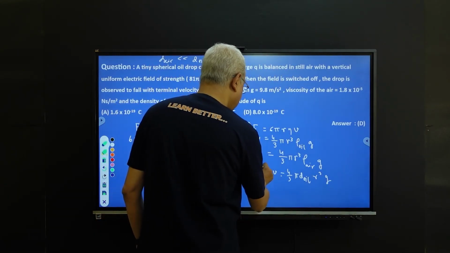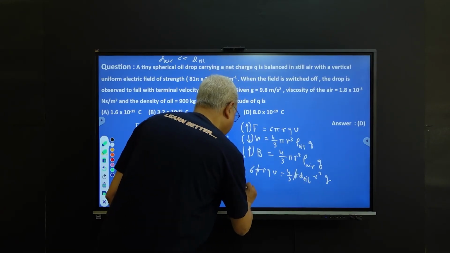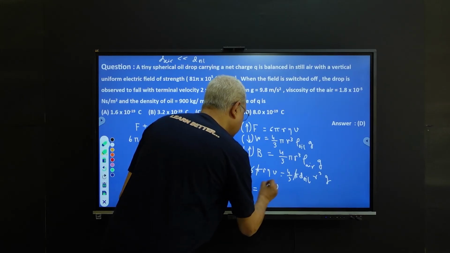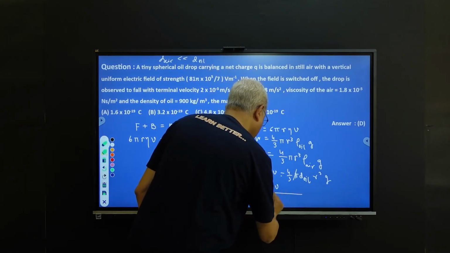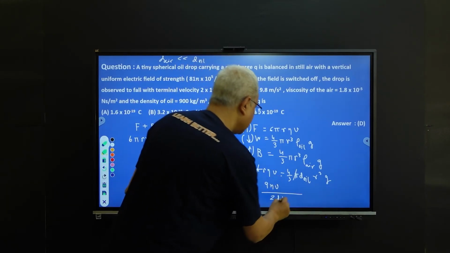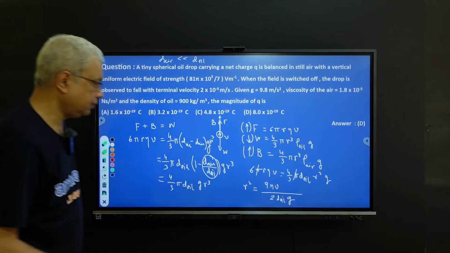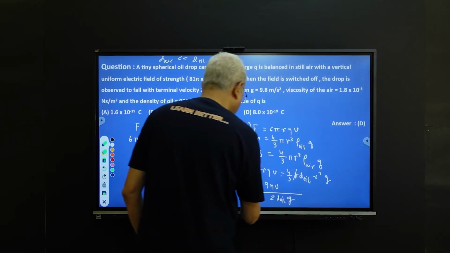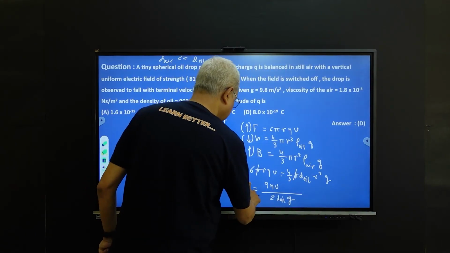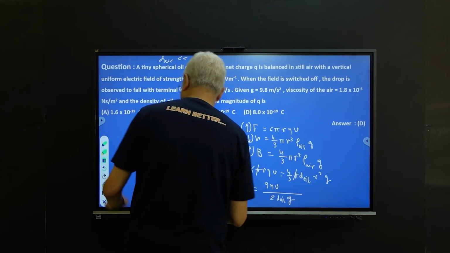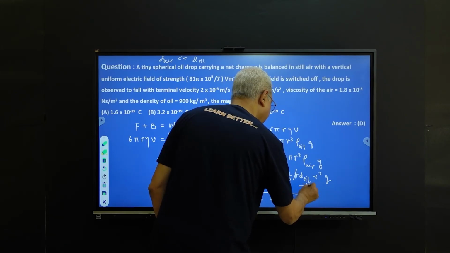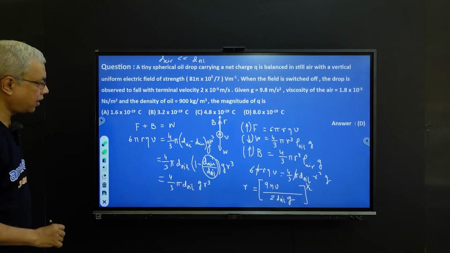From which we can write r square equal to 9 eta v by 2 d oil into g. So from which we can find out the expression for r, which is nothing but the square root of this. So this is the expression for r.